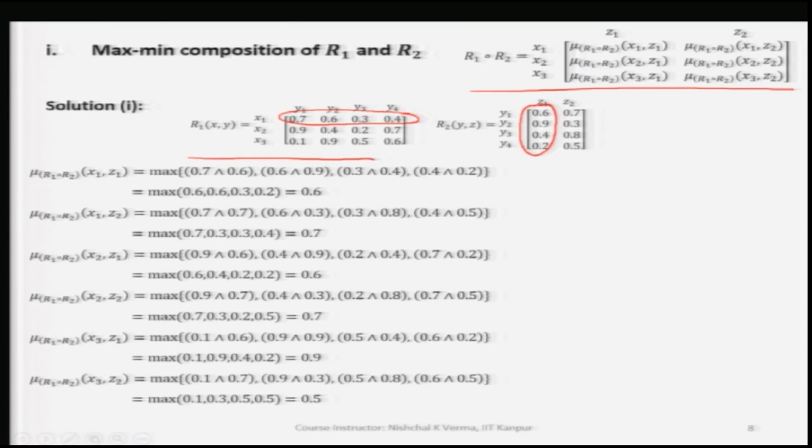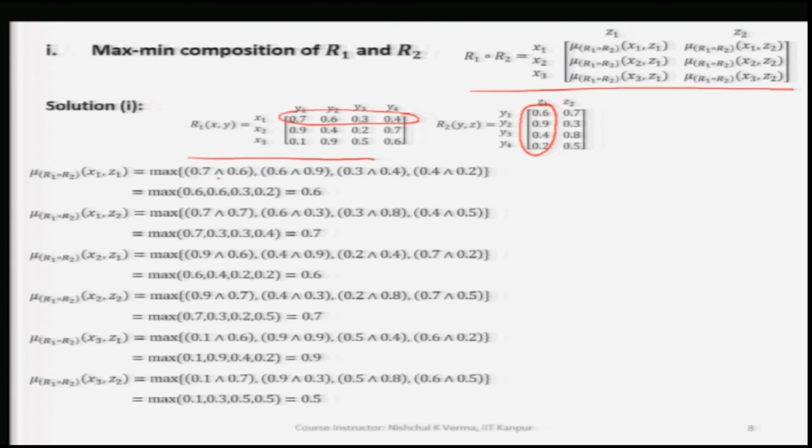Like a normal matrix multiplication, we will multiply, but instead of using the multiplication sign we use min, and instead of the plus sign we use max. So, here we have 0.7 and 0.6. When we use multiplication, we simply take the product of 0.7 and 0.6, but here we will not take the product; rather, we will take the min of it.